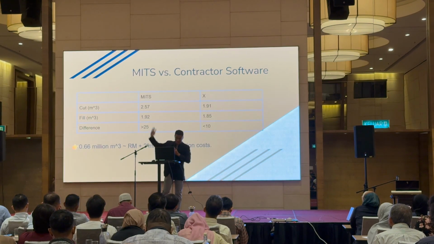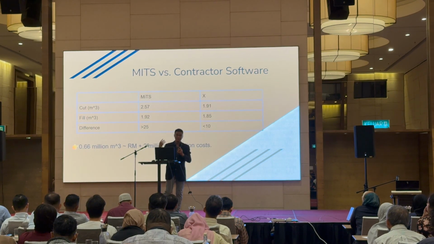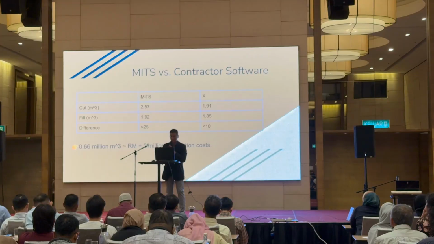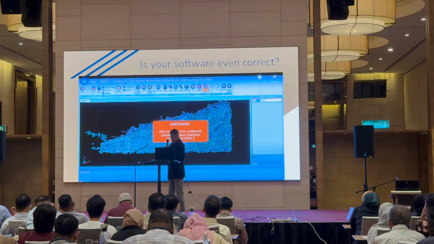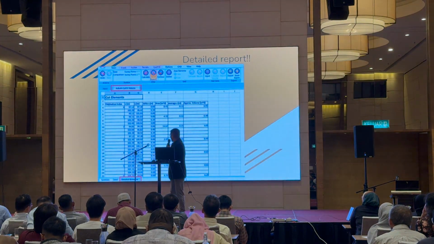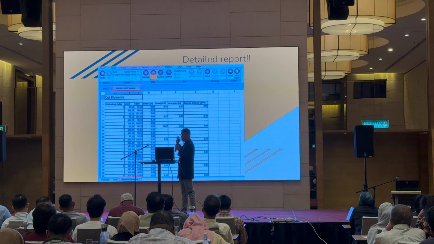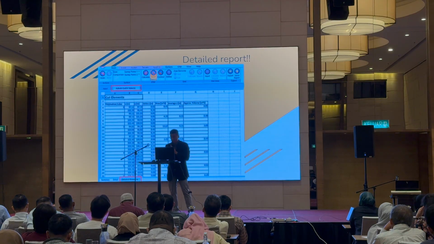How this other software gets its value is not really your problem. As long as you are convinced that it is correct, it's already good enough. We have gone through this. We also have detailed elements. You can even do element by element checking, so later we will show.